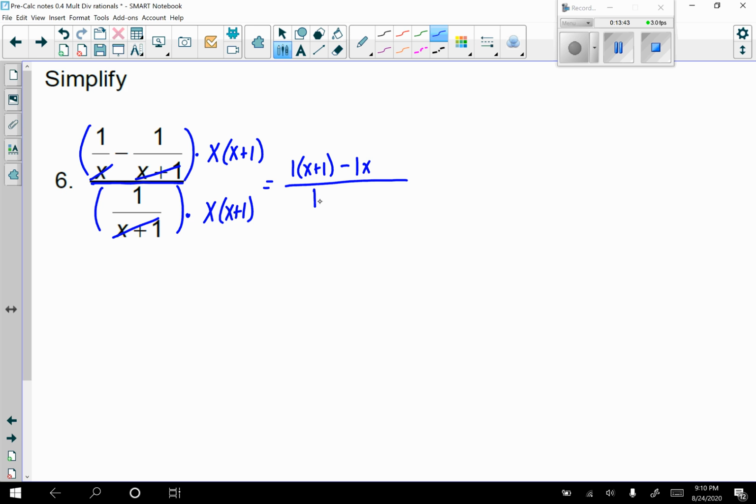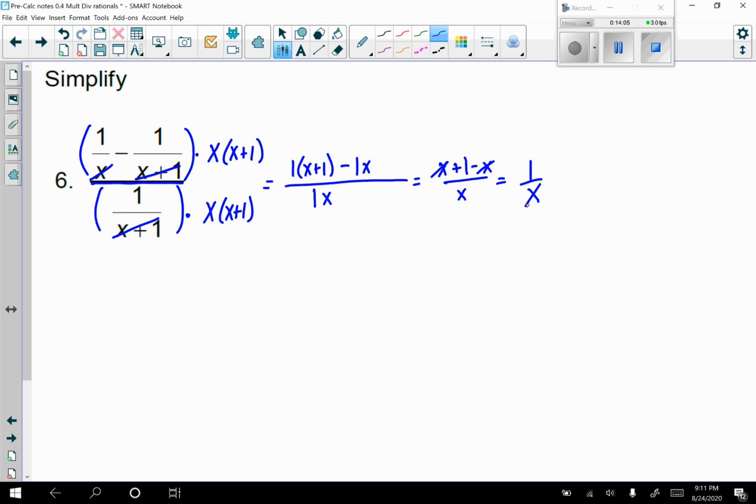We're left with 1 times, and we just have an x left. So just 1x. Simplify that out. I'm going to just write this, x plus 1 minus x over x. x minus x is gone. So we're left with a nice little fraction, 1 over x is what that all simplifies to.